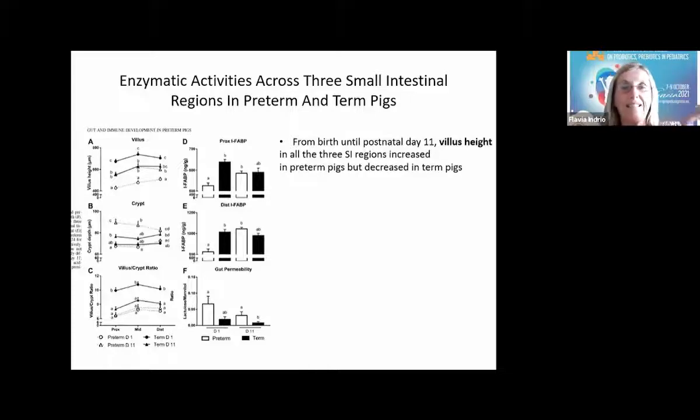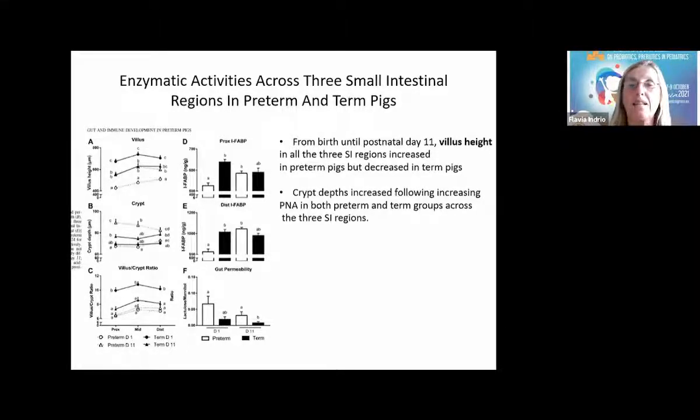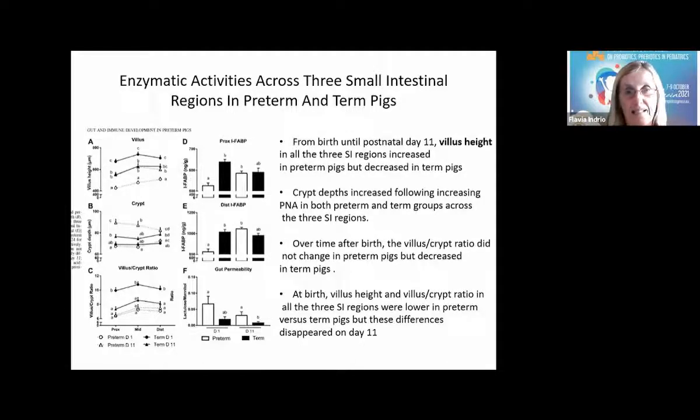That means that they are born with a high level, but then they balance until normal function. The crypt depth increases in both preterm and term, and over time the villus crypt ratio does not change in preterm pigs, but decreases in term pigs. And at birth, the villus height and the villus crypt in all three regions were lower compared to the preterm.